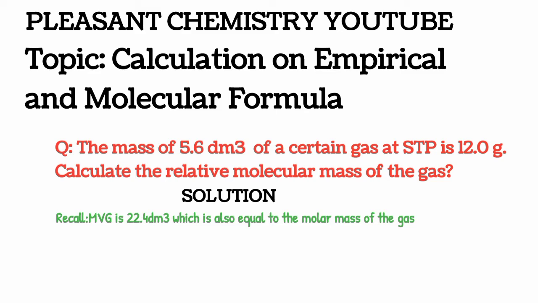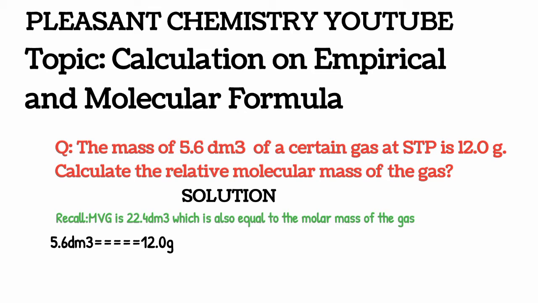So anytime you are talking about STP, it simply means that there are standard values that we use for certain calculations. For volume, the standard value is 22.4 dm³. The standard value for temperature is 273 Kelvin, and the standard value for pressure is 760 mmHg.